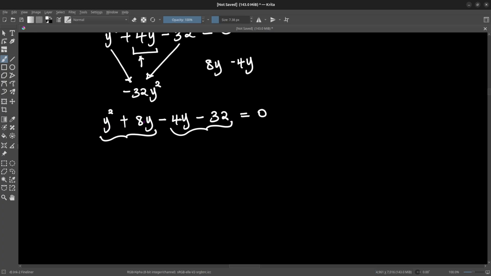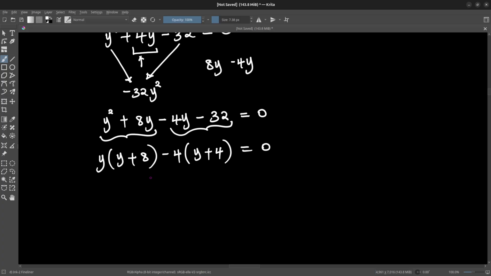In the first pair, the common factor is y. When we factor that out, we are left with y plus 8. And in the second pair, the common factor is negative 4. If you factor that out, we are left with y plus 4, and this is equal to 0.